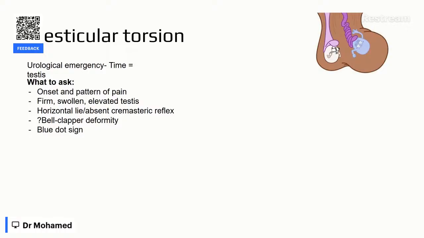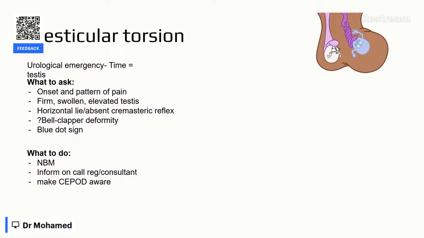The bell clapper deformity is bilateral, which is important when we come to talking about the management of testicular torsion. The blue dot sign is a useful one for distinguishing torsion of the whole testis from torsion of the testicular appendage, which is an embryological remnant that comes off of the testis.